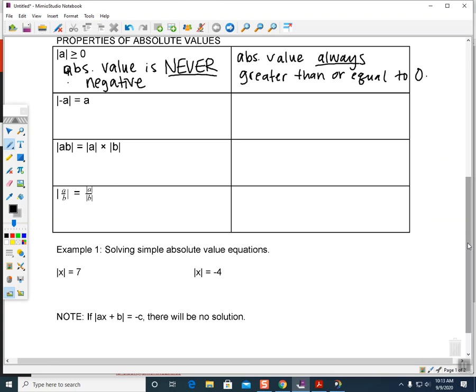Next one is the absolute value of -a is a. So all this is saying is that the absolute value of a negative number, a negative value, I'm going to say a negative expression, is its opposite.